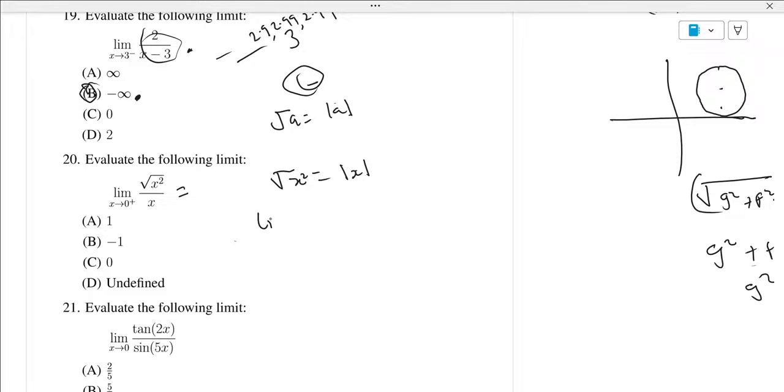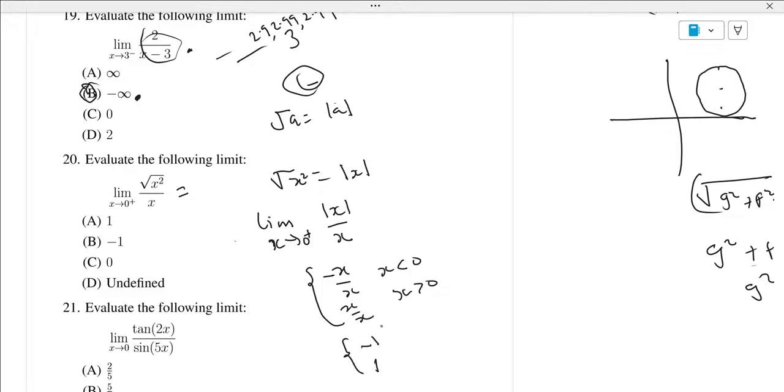So I have the limit as x approaches 0 from the right of absolute value of x over x, and then I'll put it in a piecewise function where I'll now have negative x on x as x is less than 0, and x on x as x is greater than 0. Now from the positive side, we know that this one will give us 1. So in that case, we'll choose this one, and that will be the answer.